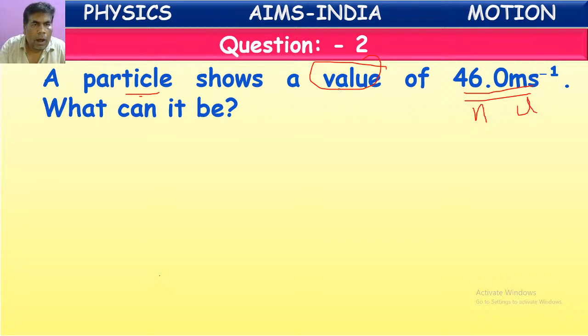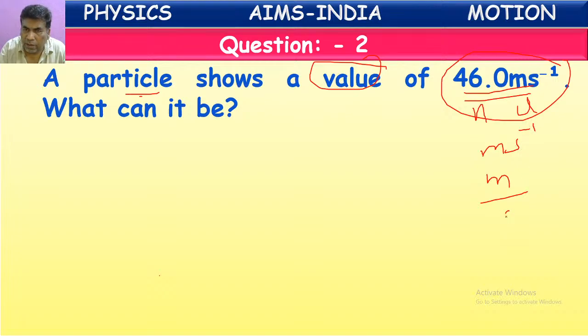Here the value of a particle is given like this: 46.0 meter s to the power of -1. We can also write it as meter per second, with s to the power of -1 going downside as s to the power of 1.